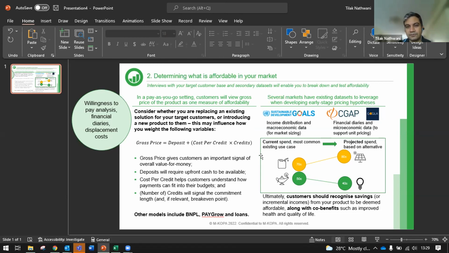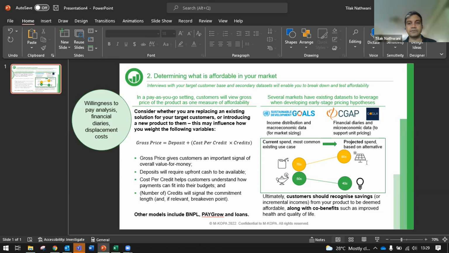In the case of a bigger diesel-powered generator or a water pump that customers are spending, let's say, 70 cents on, based on what's available in the market currently, there might be a solar-powered solution that's more expensive. Customers might see that as potential future savings as well.